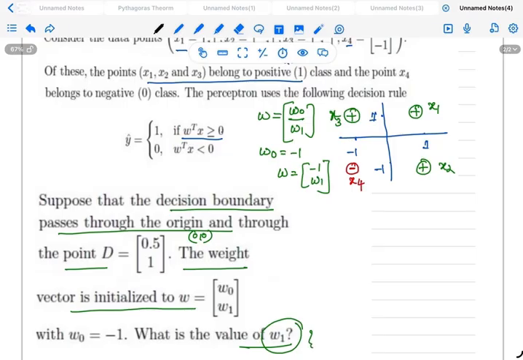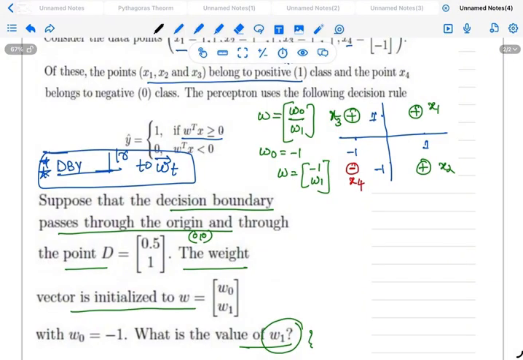Suppose the decision boundary passes through the origin and through the point. The decision boundary, very important, is always perpendicular to the weight vector. So always remember this point.